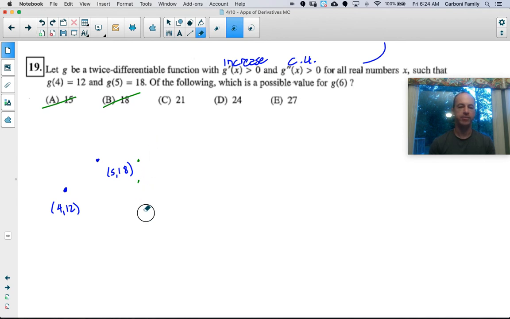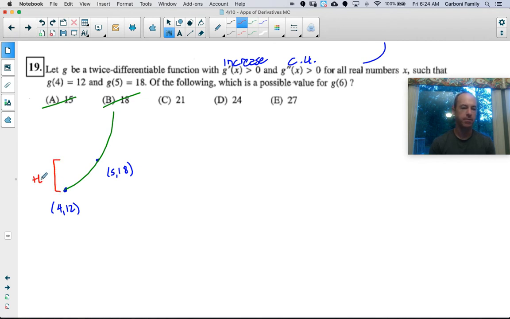So now we have to focus on what does it mean for something to be concave up. If you sketched something that was concave up, then that means that as you've increased, the amount of increase increases also. And so I increased 6 units to get from 12 to 18. If a function is concave up, if I increased 6 units again, actually I take that back.